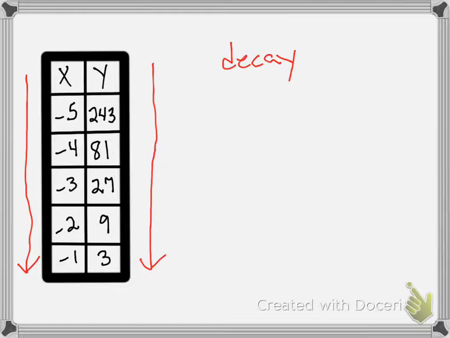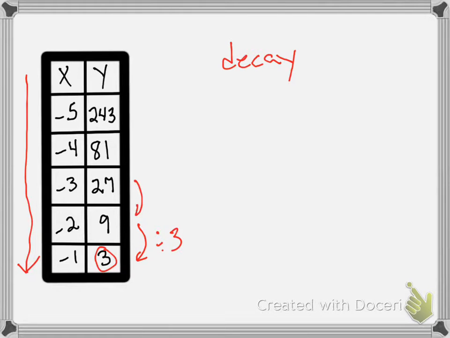So let's take a moment and think about it using division at first, and then we'll rewrite it in terms of multiplication. So on our y values, if you're not sure 243 divided by what is 81, find numbers where you do know. We know that 9 divided by 3 gives us 3.